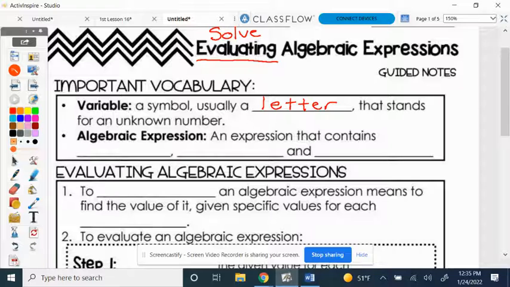A lot of times these notes all go together and say the same thing because we want to get that in your head. We want you to know that a variable is just a letter. And an algebraic expression can contain numbers, variables, and operations.